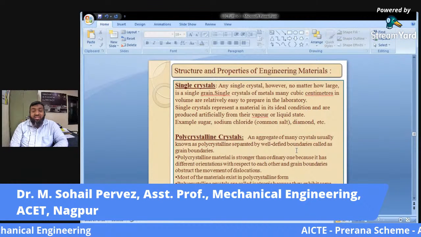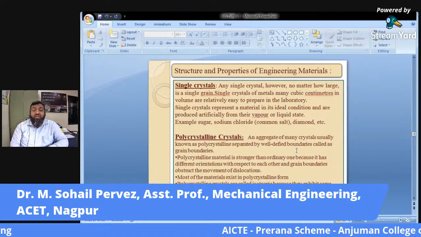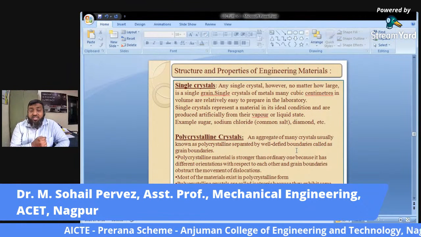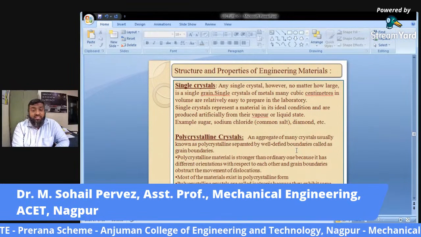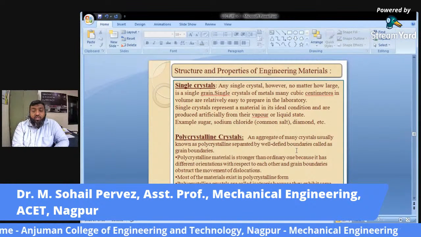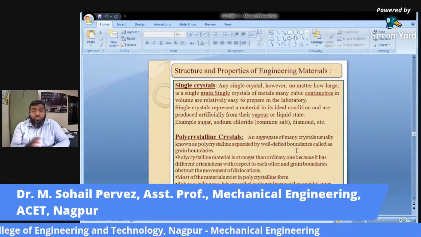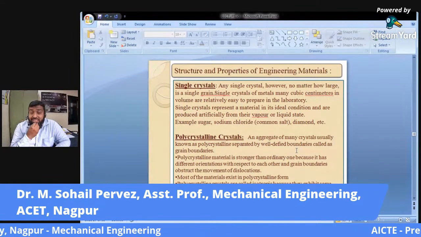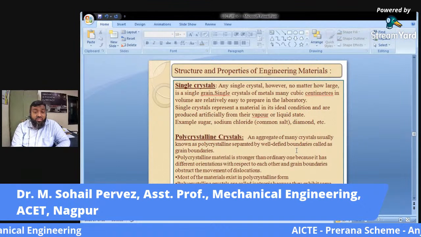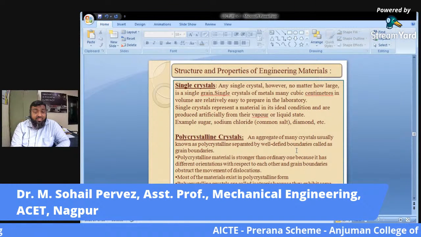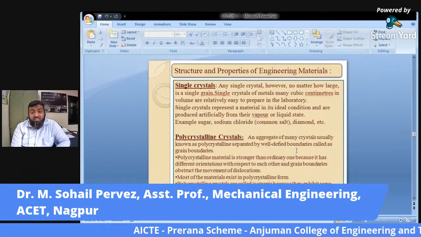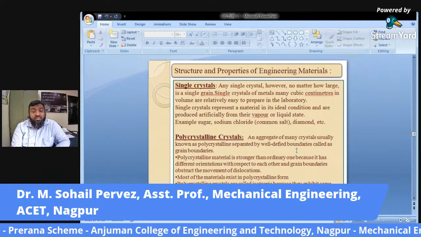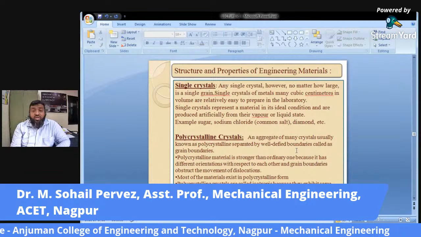Now here the thing is, when I say well-defined boundaries, it means every crystal has its unique identity. And obviously, due to the aggregation of many crystals, the strength is very high. Most of the materials, since we are using composites now, have different orientations.